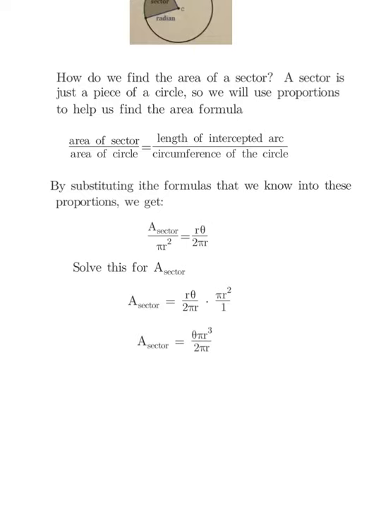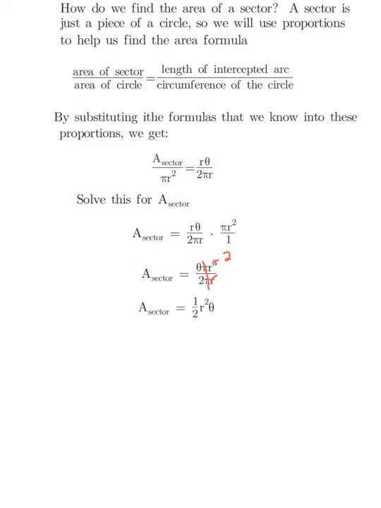But if you look at this, we can cancel pi over pi, and we can take 1 r out of the denominator and out of the top and leave 2 of them. And that will give us our final formula for the area of a sector. Our final formula for area of a sector is 1/2 times r squared times theta.